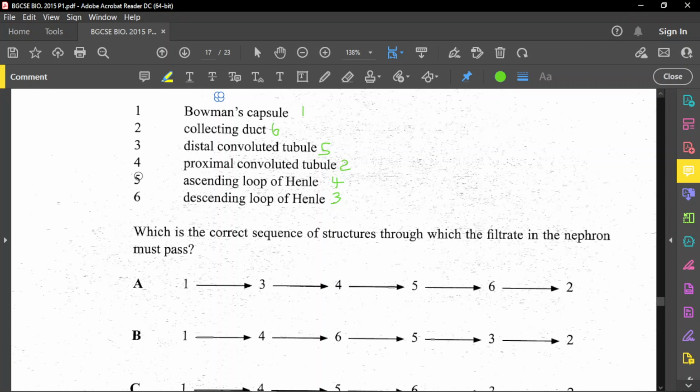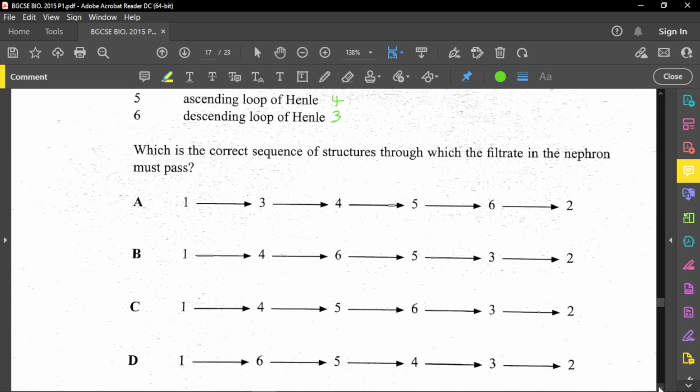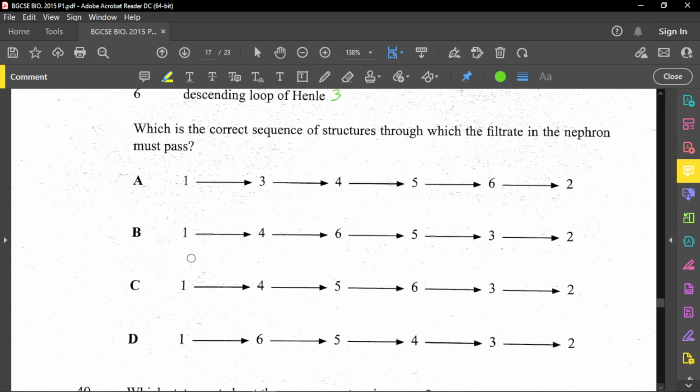And then after number 5, we're going to go into number 3 and then number 2, in that order. So let's see which of them will be the correct answer here. Based on what we have here, B will be our order. Okay, excellent. So B is our answer there for number 39.